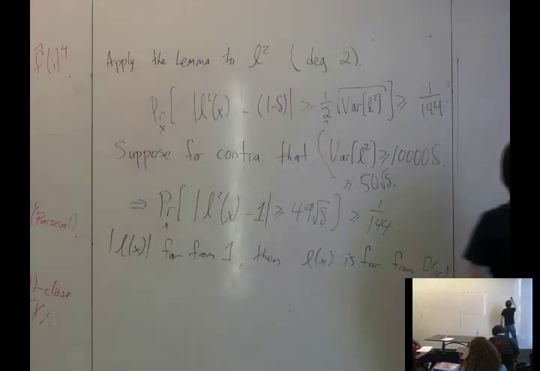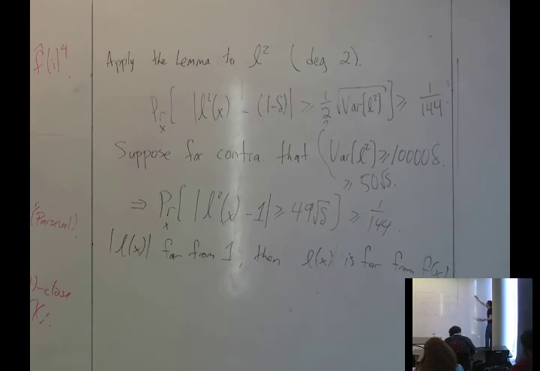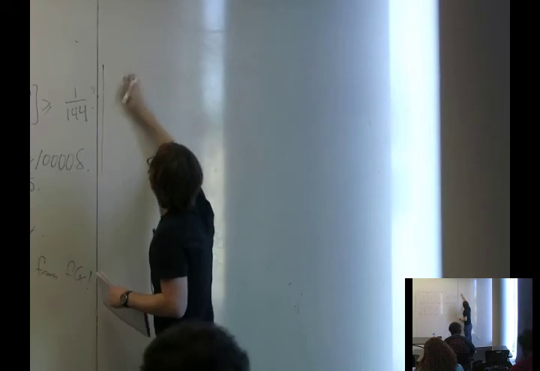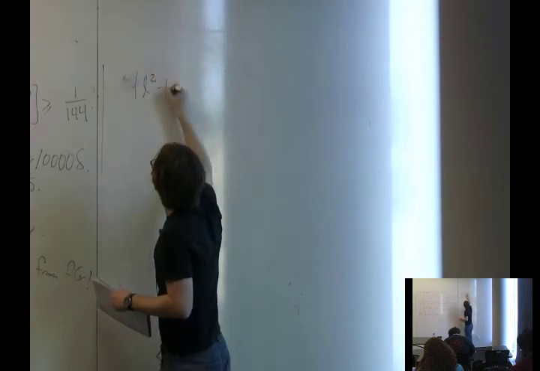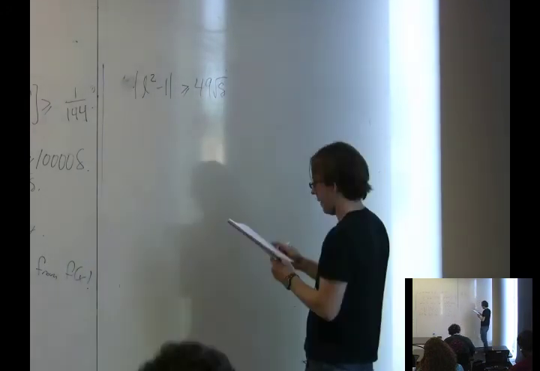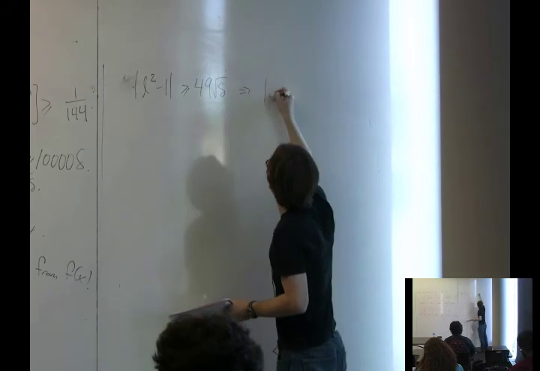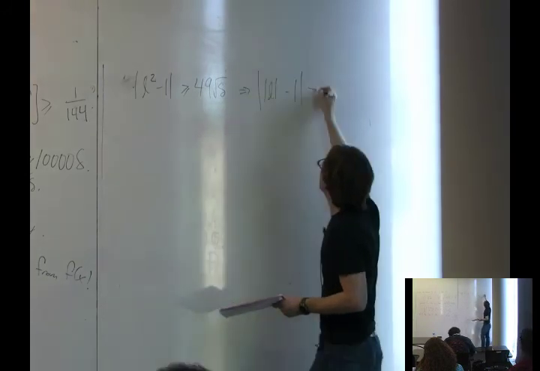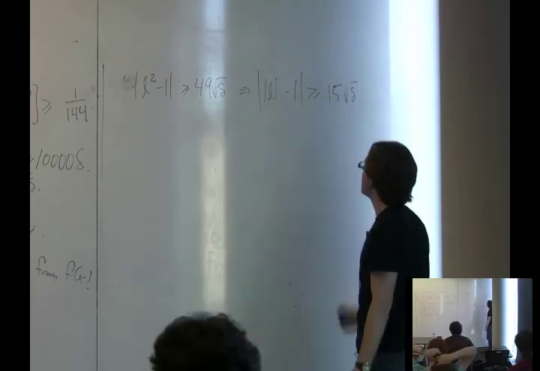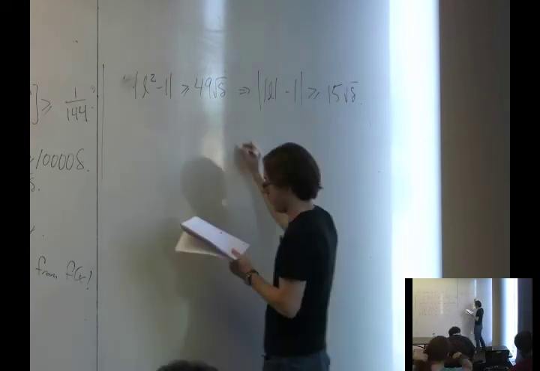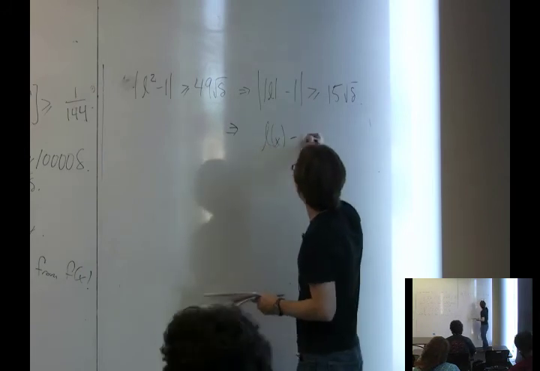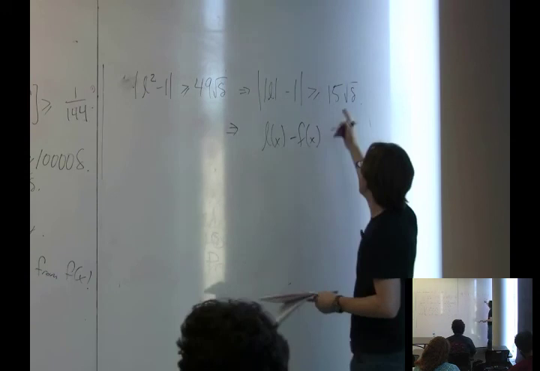In particular, whenever this event occurs, let's say if L squared minus 1 is bigger than 49 root delta, that means that the absolute value of L minus 1 is at least half of this, basically. So I'll say 15 root delta to be safe, which in particular means that L of x minus f of x is at least this much in absolute value.